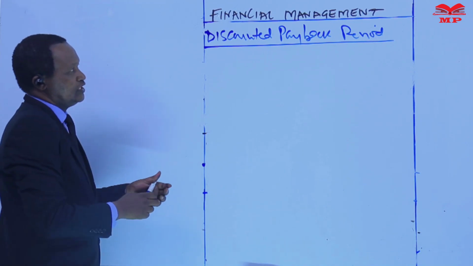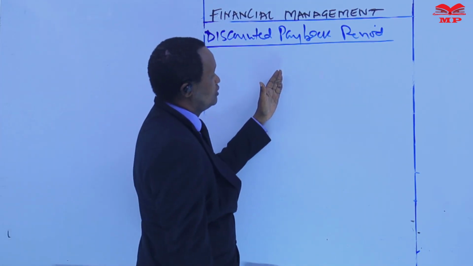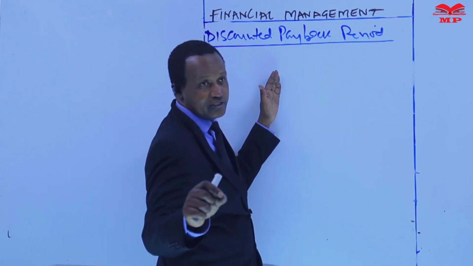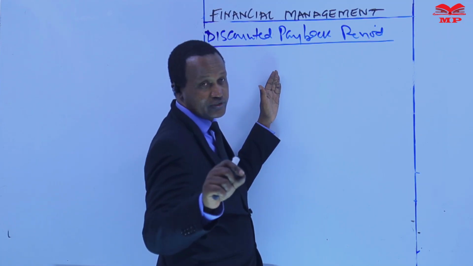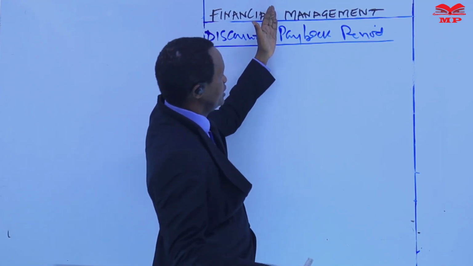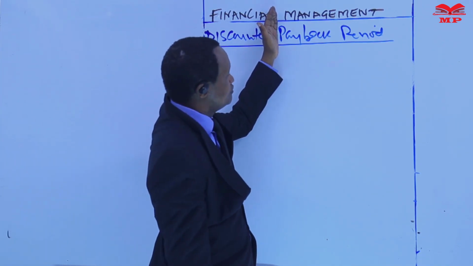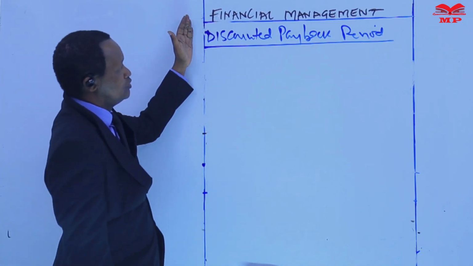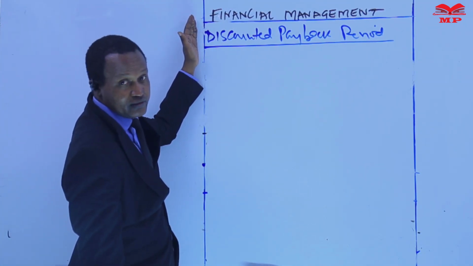Discounted payback period. When you are analyzing the non-discounted capital budgeting techniques, one of them is the payback period technique. Today we want to learn how to use this technique in decision making.